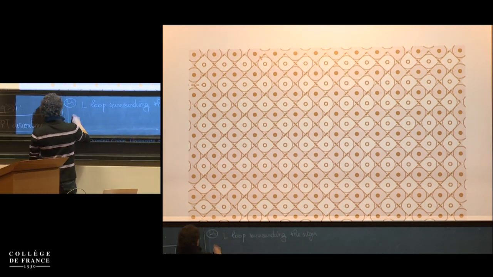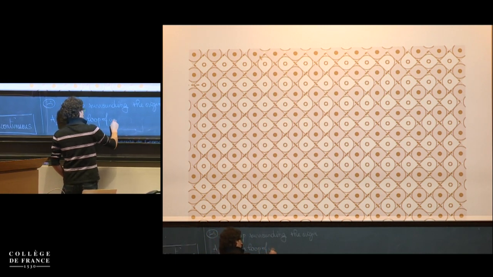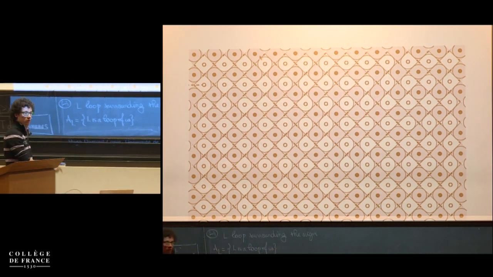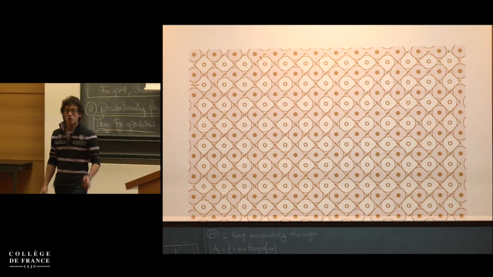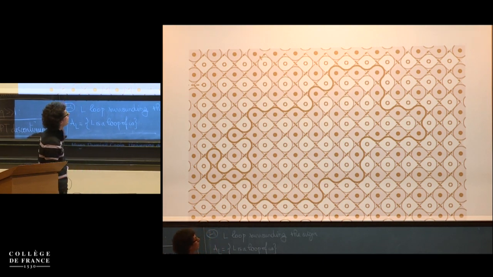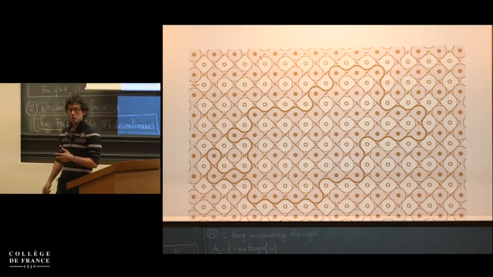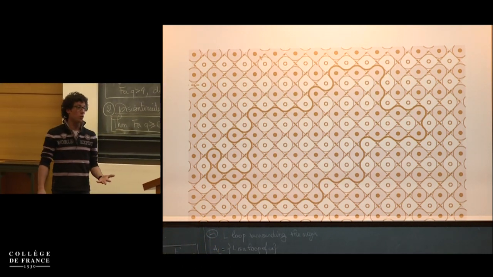And let's denote A_L to be the event that L is a loop of omega. So I consider all the configurations that have L as a loop. So I fix the loop. The loop is really fixed. So let's say this is the loop I fix. And I only look at configurations with this loop in. My goal is to prove that the probability of this event is very small.